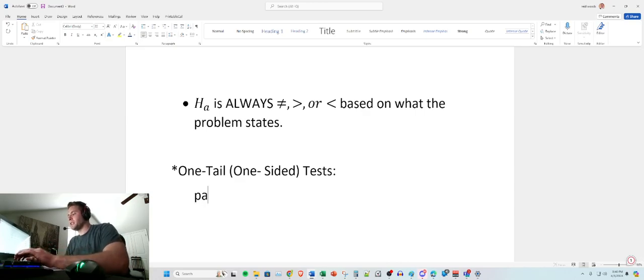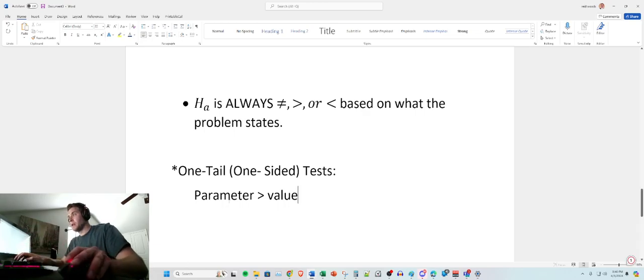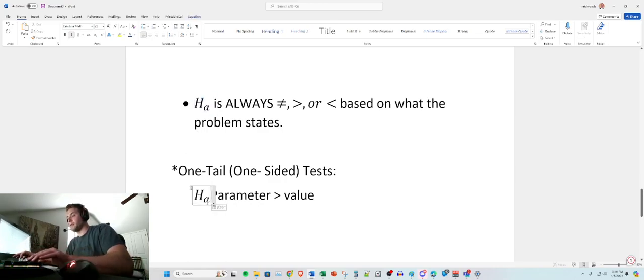So whenever we're saying that the parameter is greater than a value, and these are all in terms of the alternate, by the way. Actually, put that in front.